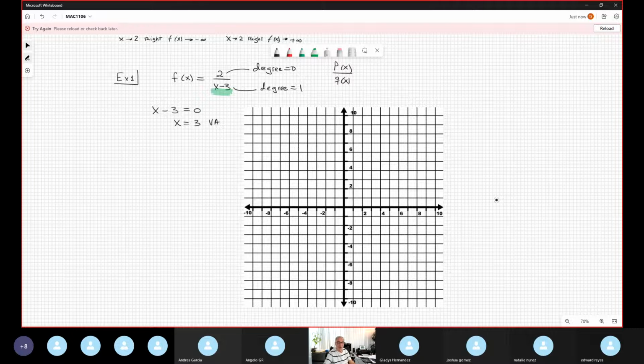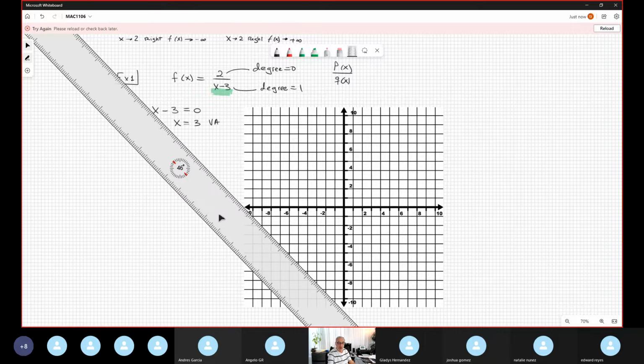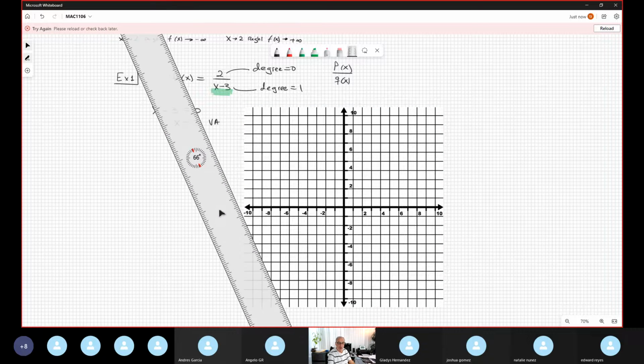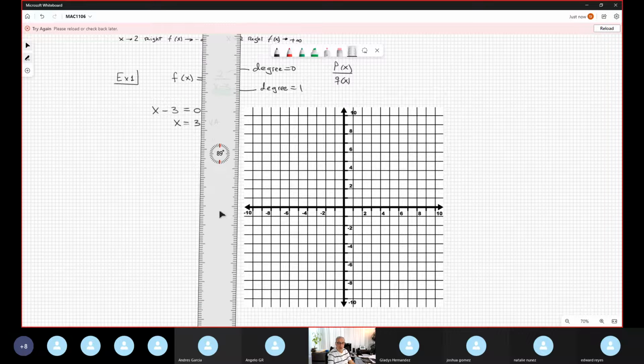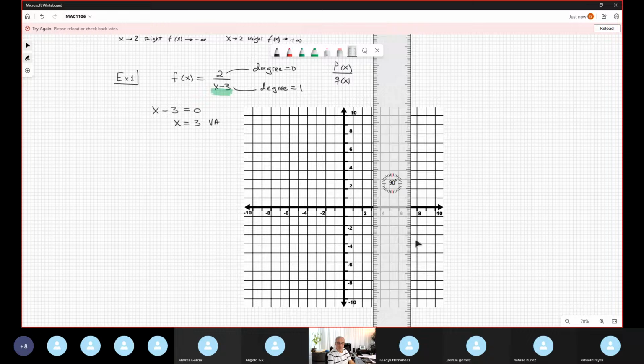So I discovered that at x equals 3 we have a vertical asymptote. Cool. So the vertical asymptote, using the ruler, is 90 degrees because it's vertical, at 3. Say 1, 2, 3.